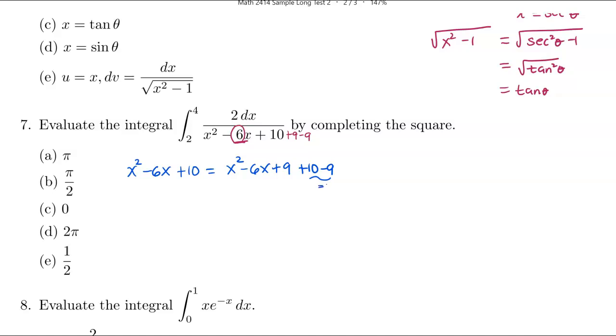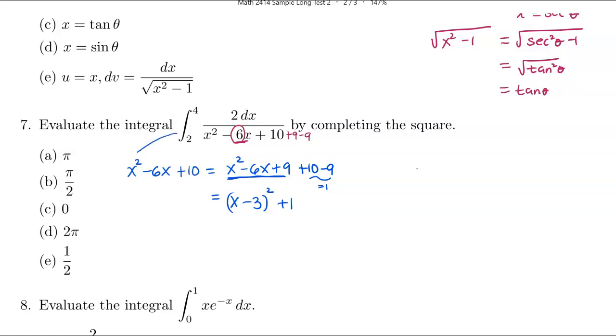And that is just equal to 1. So you have x squared, this part here, that is a perfect square trinomial, and that will just be x minus 3 quantity squared plus the constant here, 10 minus 9 is 1, plus 1.